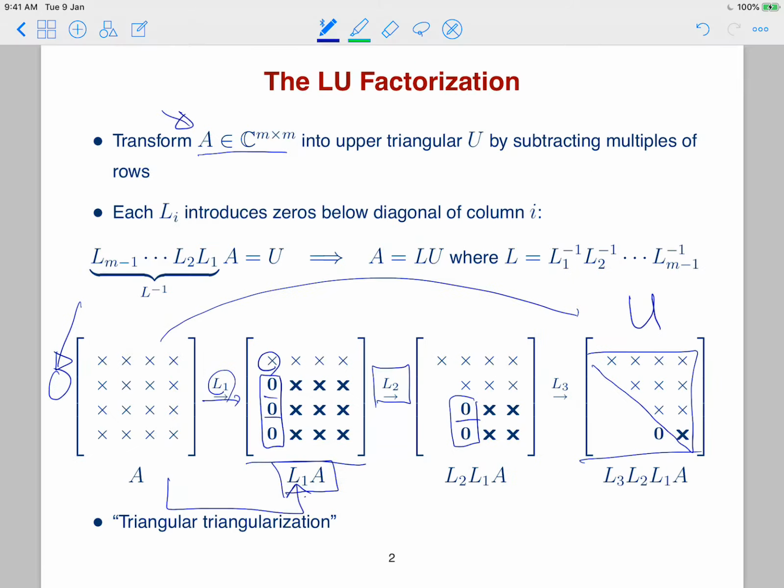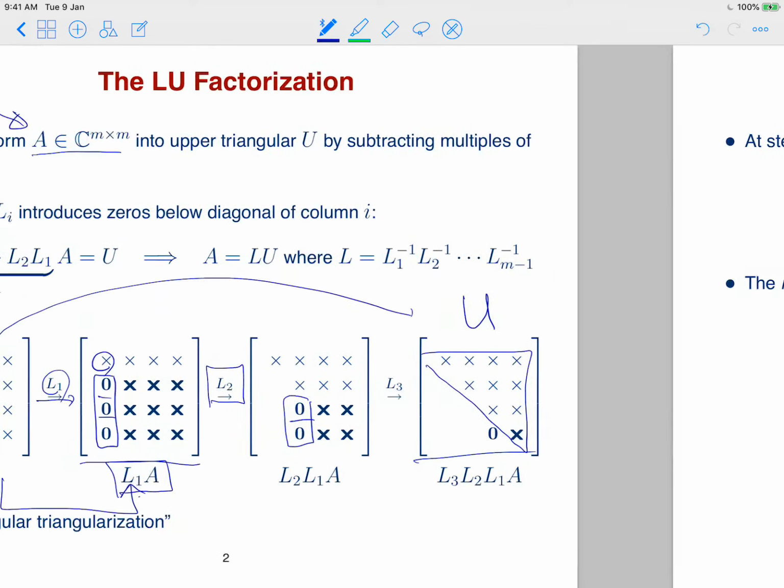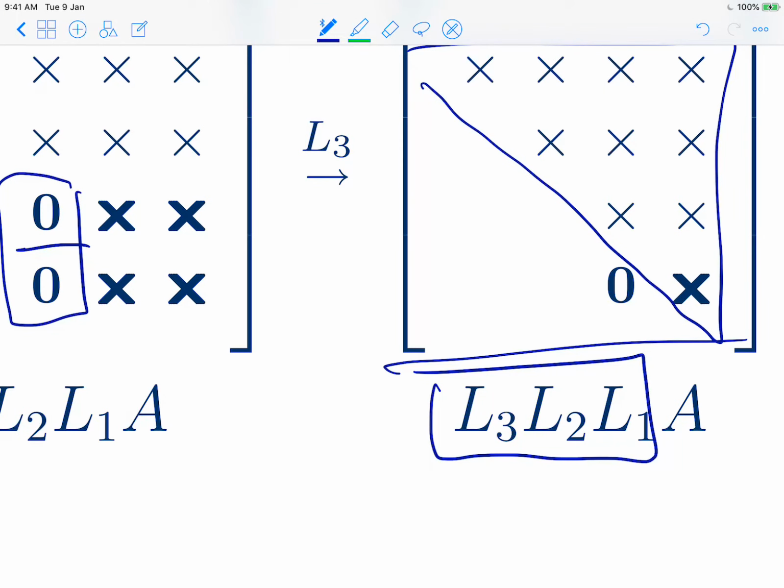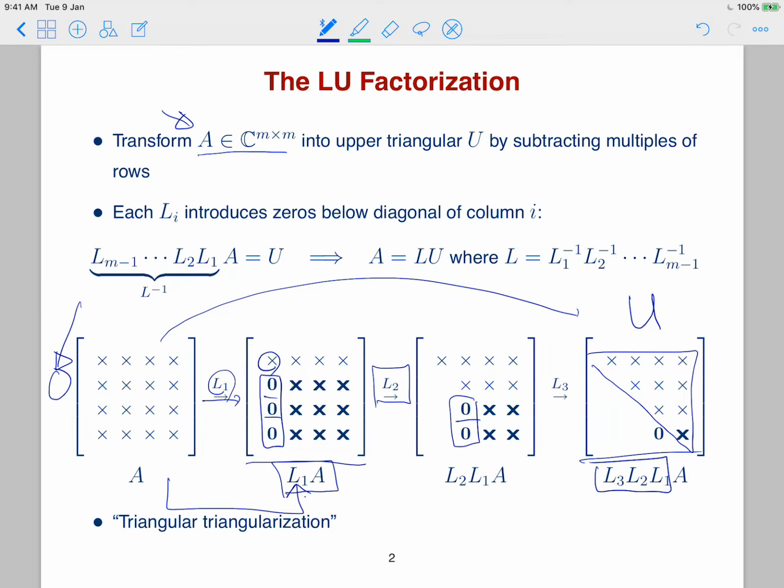Overall, L1 through L3, and the product of these three matrices, will be a lower triangular matrix.